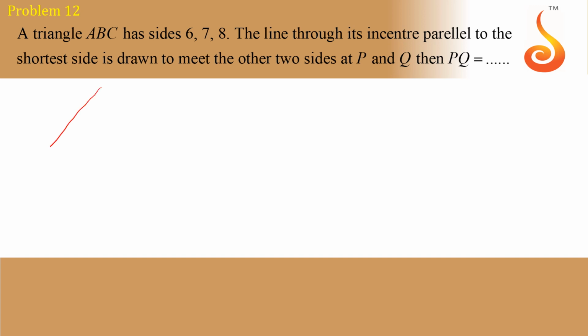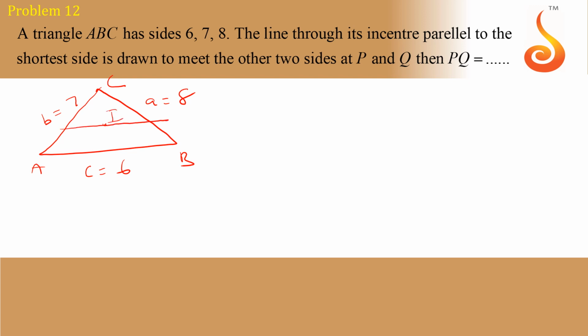So if you take the triangle as A, B, C, so this is small c which is given 6, assume. This is B, 7, this is A, 8. So a line through the incenter, assume this is the incenter, parallel to the shortest side. So meeting at P and Q.